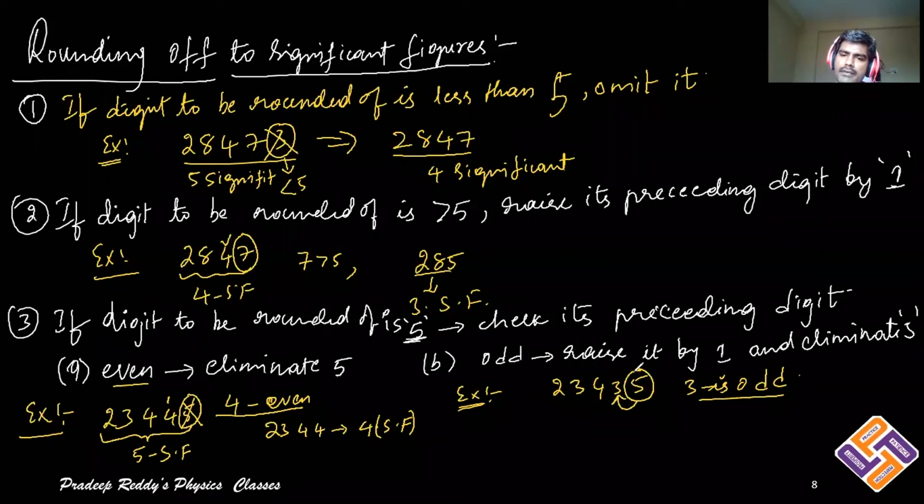You should eliminate this 5 definitely, but the other thing is to raise this odd number by 1. That is 2, 3, 4, 4. How many significant figures are there now? 4 significant figures are there. These are the rules you need to follow when you are rounding off significant digits in the proper fashion.